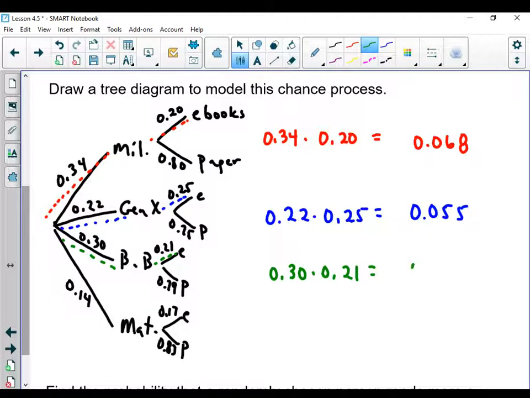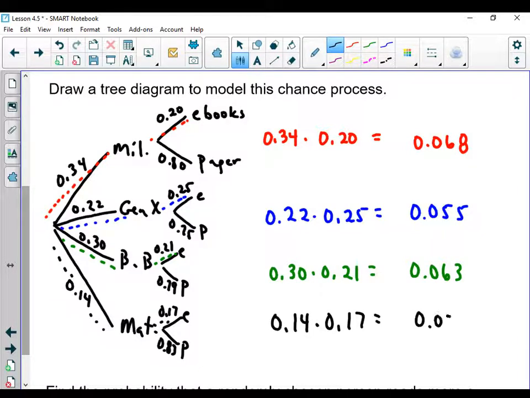So that's 0.063. And then lastly, we have the matures. So that was 0.14 and 0.17. So that is 0.0238. So those are all the different ways that I could look at who read more ebooks.